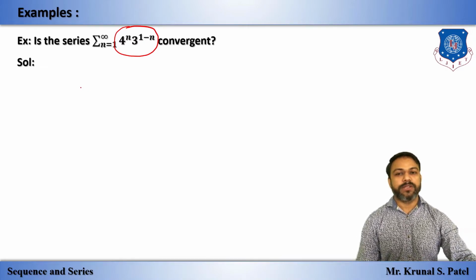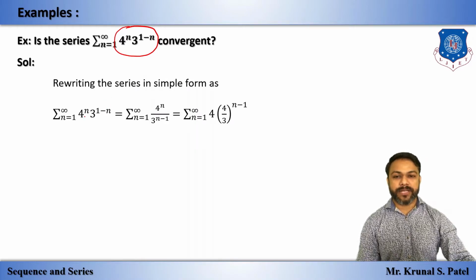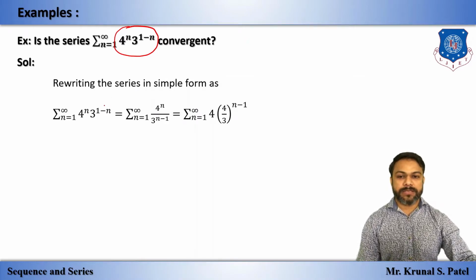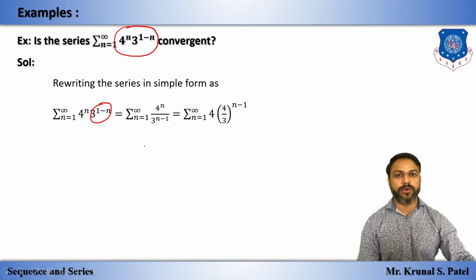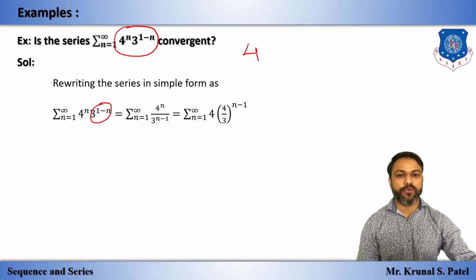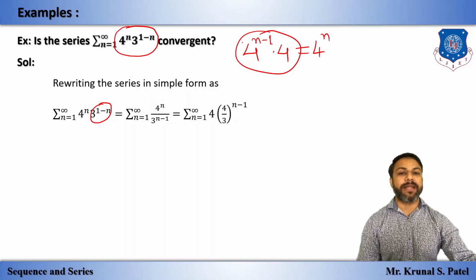So solution: we will rewrite the given term in this form. 3 raised to 1 minus n is 3 raised to minus (n minus 1), because we are taking it to the denominator. We can write 4 raised to n as 4 raised to n minus 1 into 4, which ultimately gives 4 raised to n only. But why are we writing this?